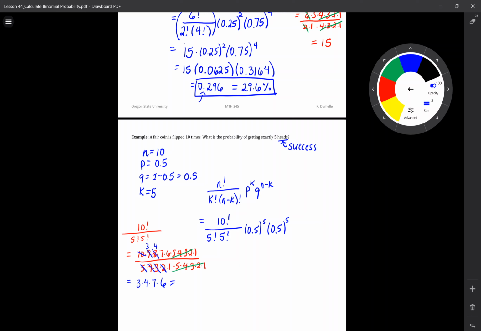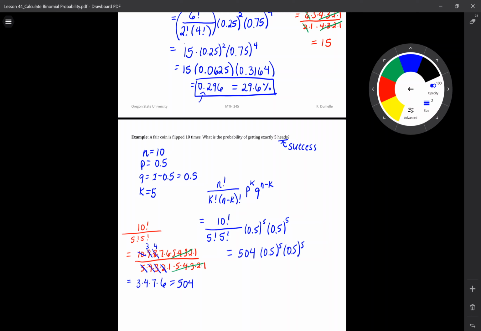And this is equal to 504. So I can rewrite this as 504 times 0.5 to the power of 5, times 0.5 to the power of 5.